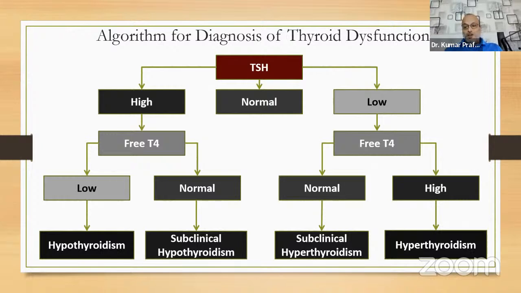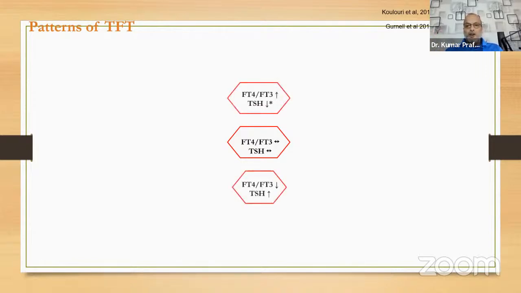These values are usually normal, on the upper range of the normal values. Now let us move to the other patterns and understand the patterns of thyroid function test. First, normal functioning thyroid, which means free T4, free T3 and TSH, everything is within normal range.